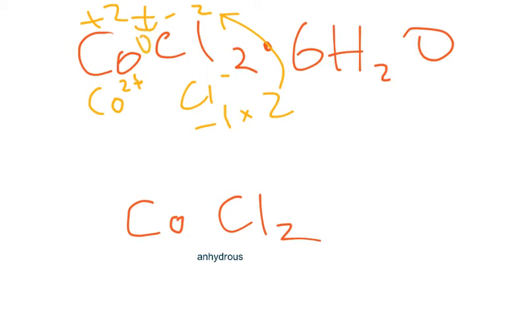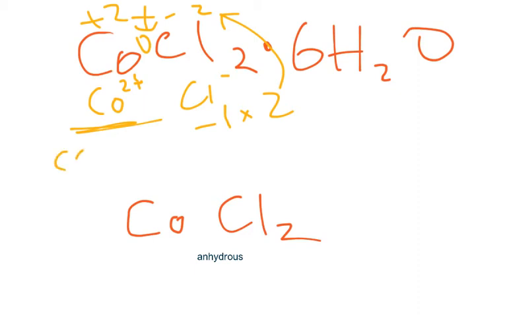So we know that this is a cobalt 2 plus cation, and this is also a transition metal, since it's not in groups 1, 2, or any of the other groups that we had to memorize. So this is a transition metal, and it could exist in many charges, so we have to use the stock system.